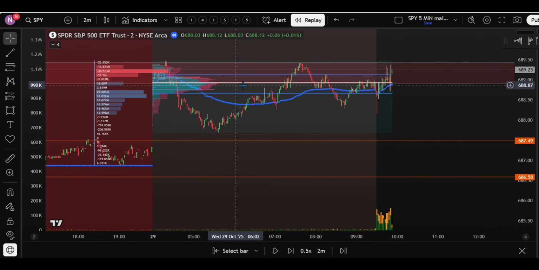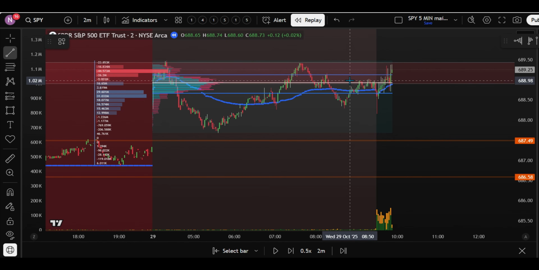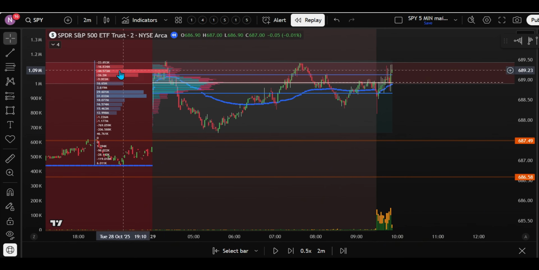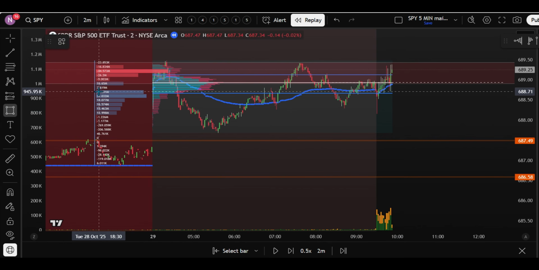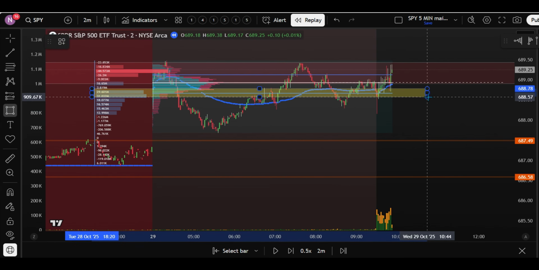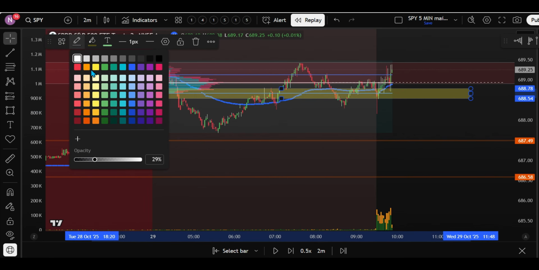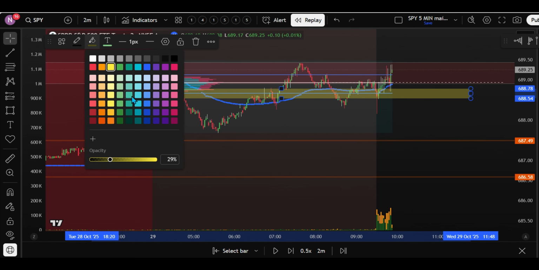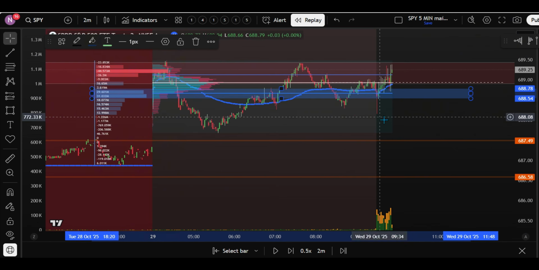Basically, again, on this profile, the point of control is right here. Below the point of control, we have this area of buying pressure. Oh, it's the fill that's supposed to be blue there.